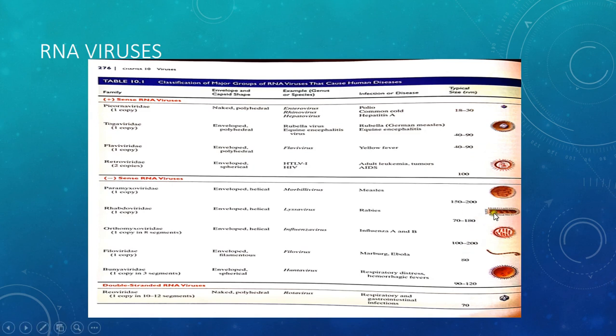As you can see here, it seems like a rod or bullet shaped. Rhabdoviridae virions contain an RNA-dependent RNA polymerase that uses the negative sense strand to form a positive sense strand. The newly produced strand serves as a messenger RNA and as a template for the synthesis of new viral RNA.